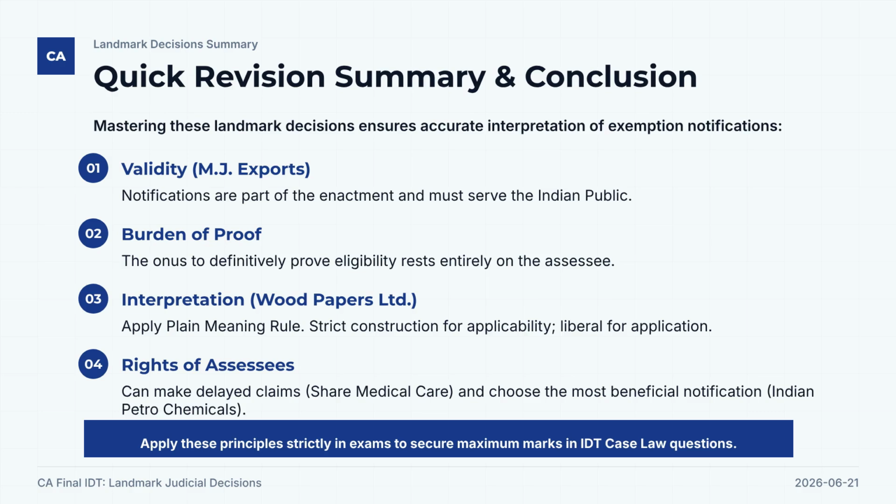Remember the Wood Papers principle: strict construction for determining eligibility and liberal construction for granting the benefit after eligibility is established. Finally, assessees can claim exemptions later, and may choose the most beneficial notification when multiple options are available. Mastering these principles will help you confidently tackle CA final IDT case law questions.